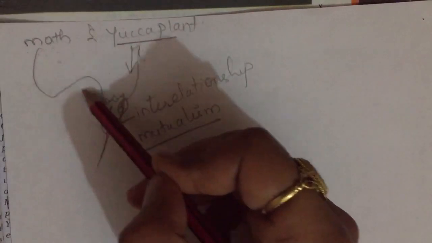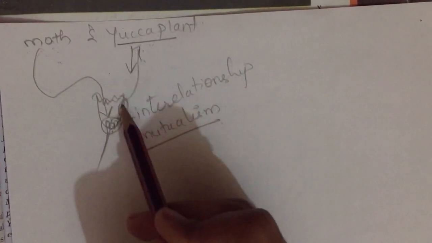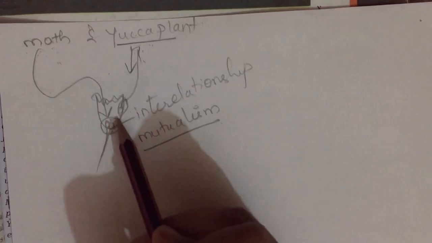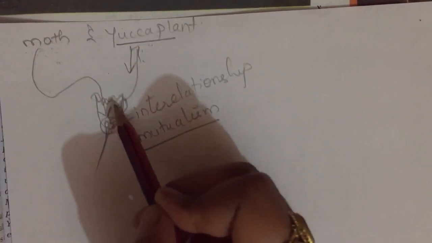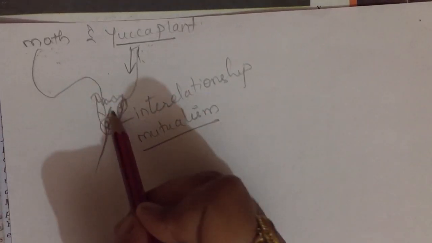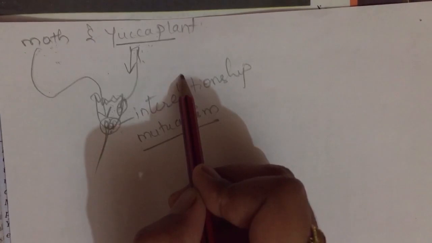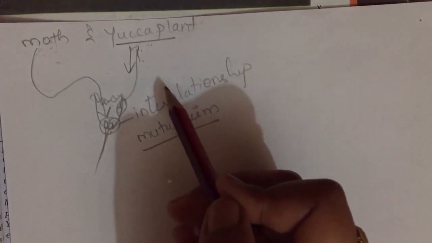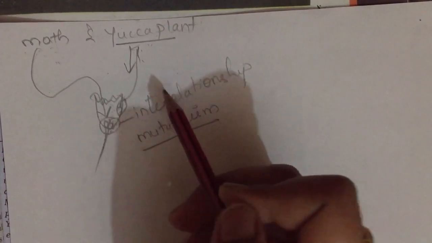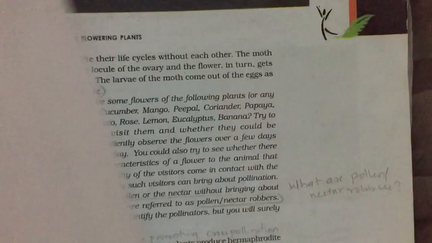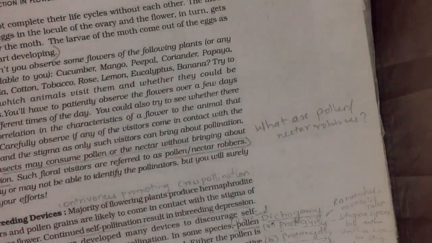The moth lays eggs in the locules of the ovary in the yucca flower, and the yucca plant gets pollinated, because in search of a place, the moth will reach the flower. The pollen grains can get attached to the moth's body, and the moth will reach another flower of the yucca plant in search of a place to lay eggs. Then again it gets pollinated, right? This is how it brings about pollination. So this is the information about the yucca plant and the moth.